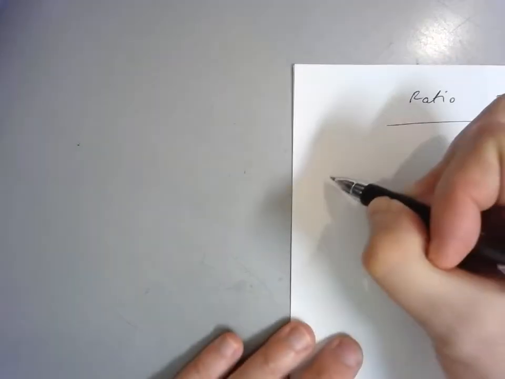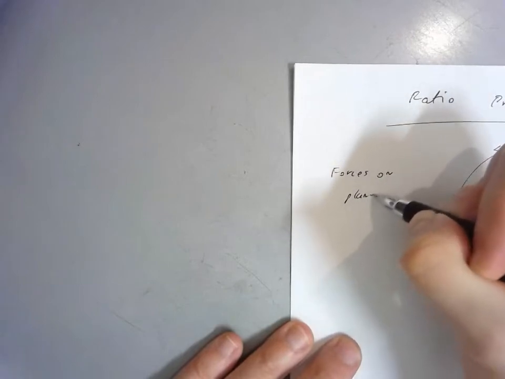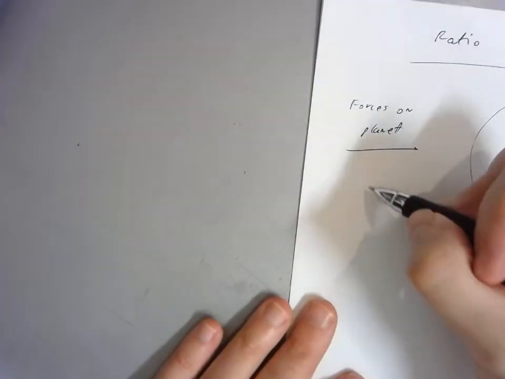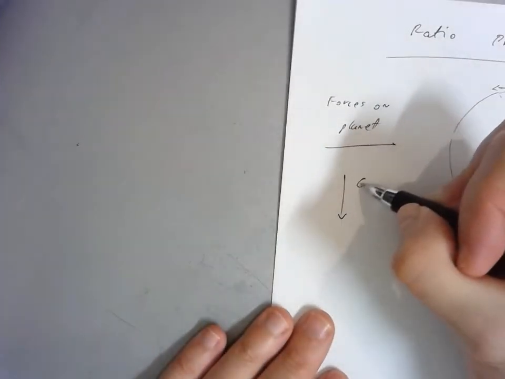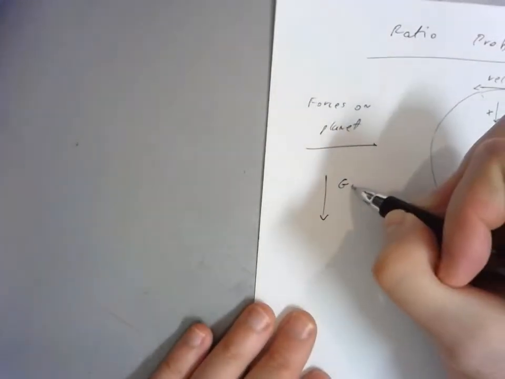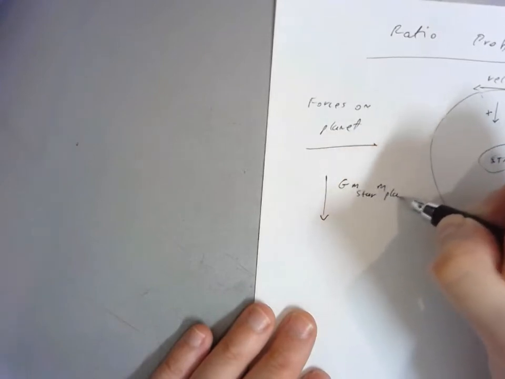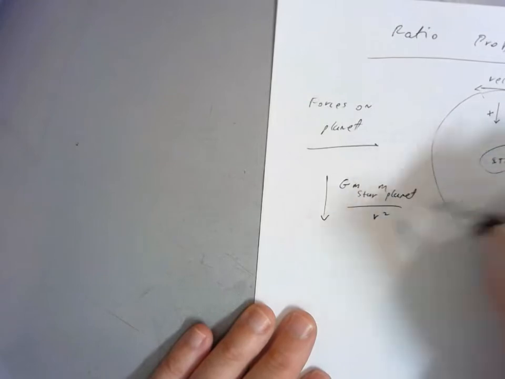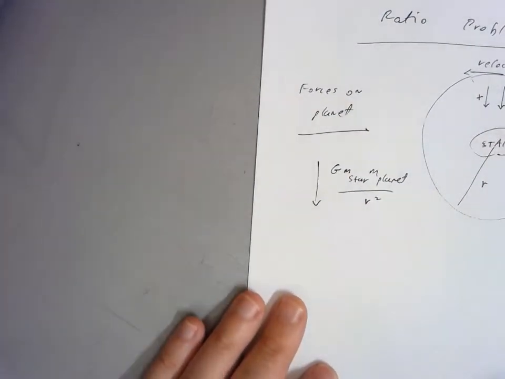So we have a force diagram on that planet, and the force that keeps it moving in its circular orbit is the gravitational force from the star. I'll say G m of the star, m of the planet, over r squared, and r is the radius of that orbit.